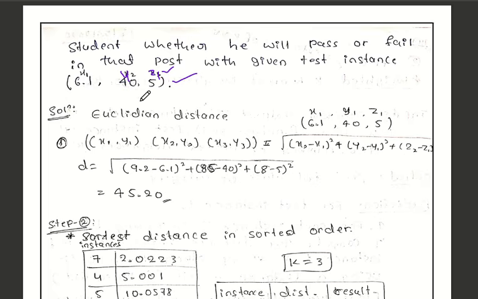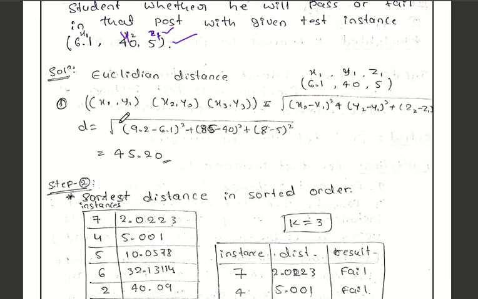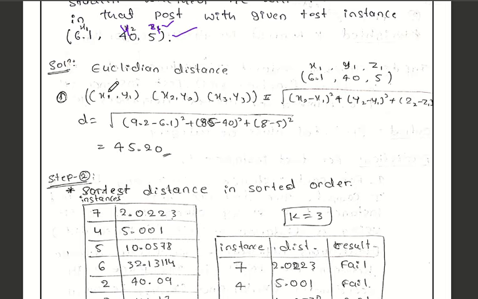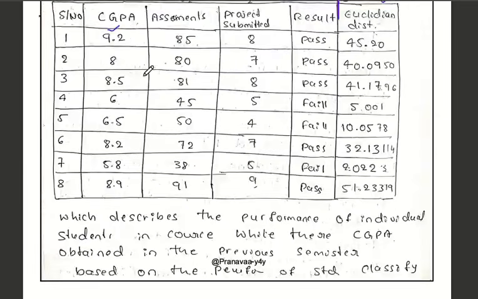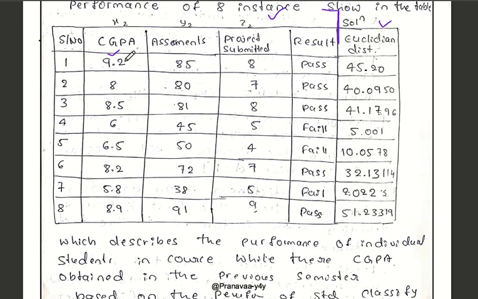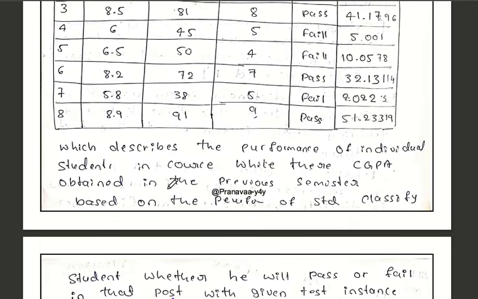The Euclidean distance formula is the distance between (x1, y1, z1) and (x2, y2, z2) equals the root of (x2 minus x1) whole square plus (y2 minus y1) whole square plus (z2 minus z1) whole square. You just need to simplify with this: 9.2 minus 6.1, whole square.